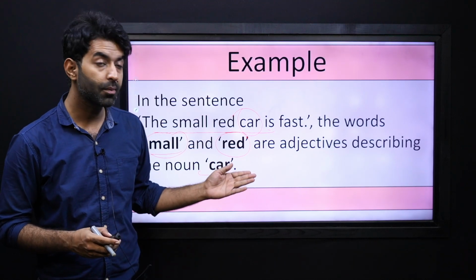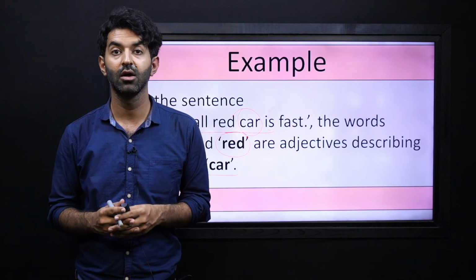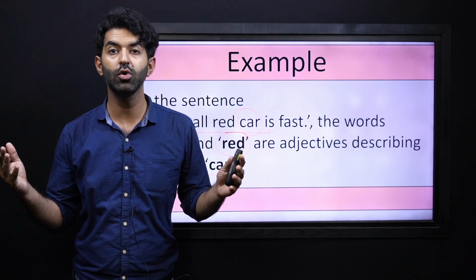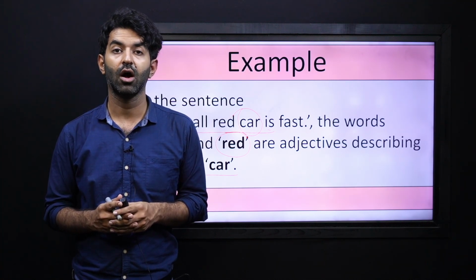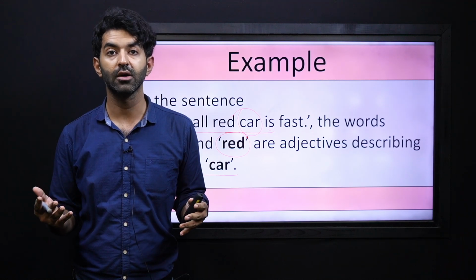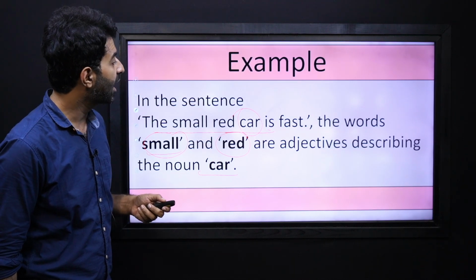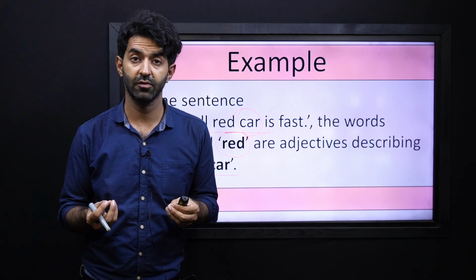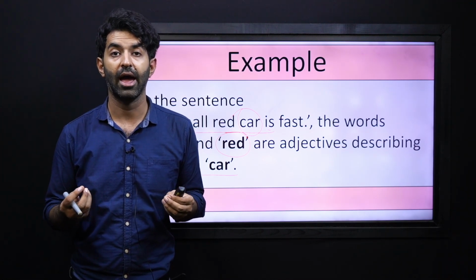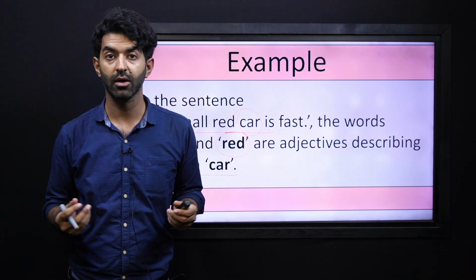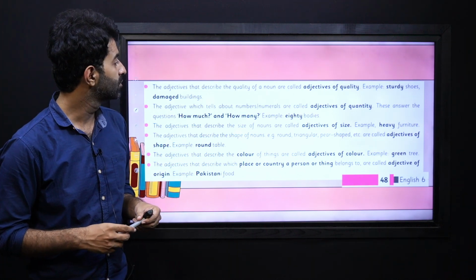And what about the color red? Yes, red is a color. So is yellow, green, blue. You're aware of them. All these are adjectives of color. Now, you can see that we use 2 adjectives to describe our noun car. Now we know that the car is small and it is of red color. Simple, right? Okay, let's move on.